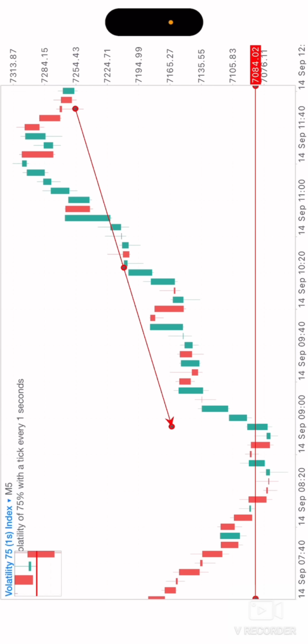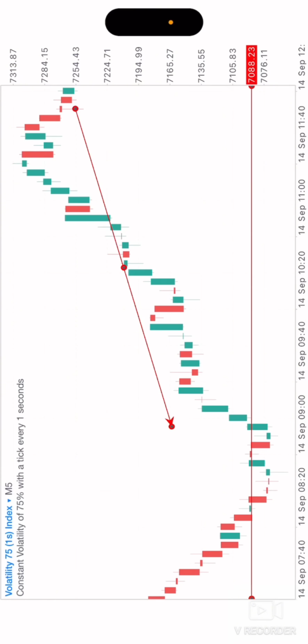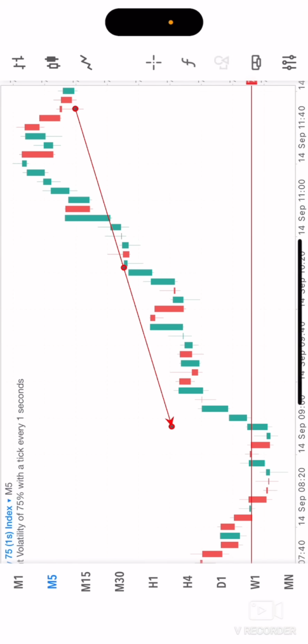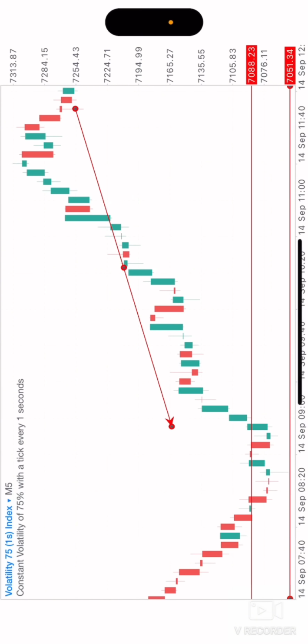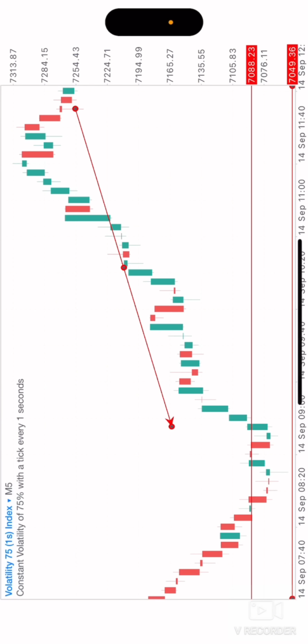Now let's just say my entry is at this point, 7088.23, and then my stop loss is at this point, 7049.11.